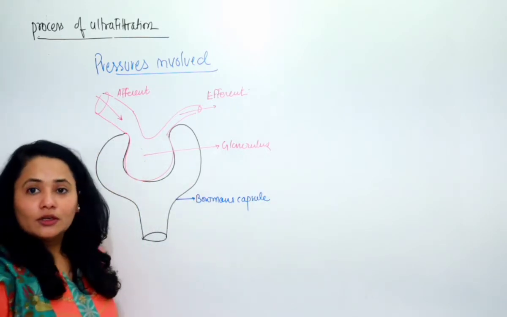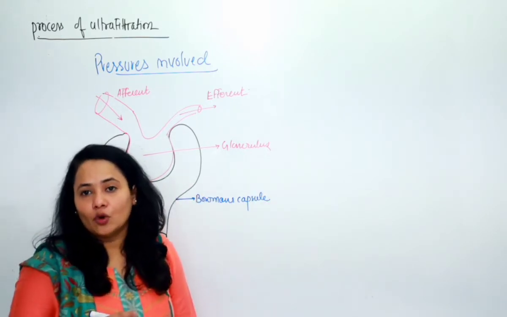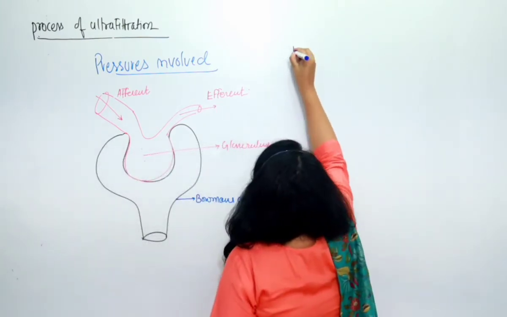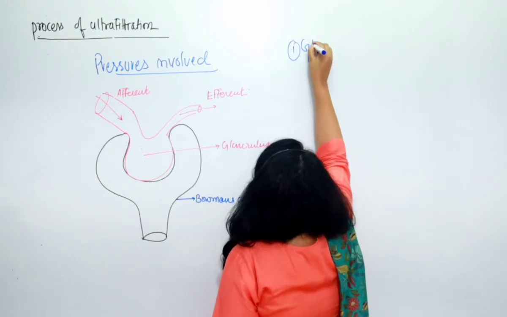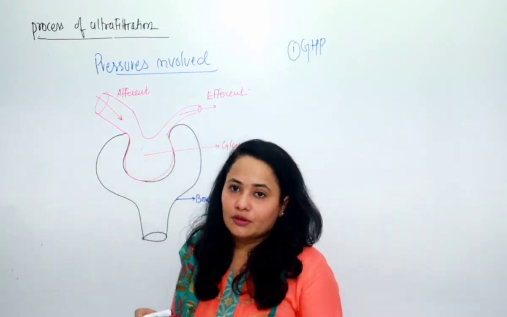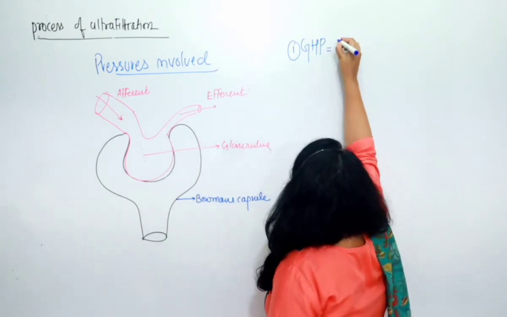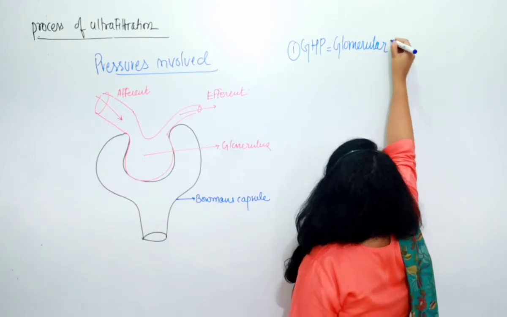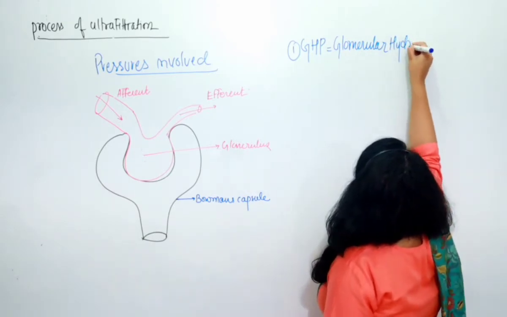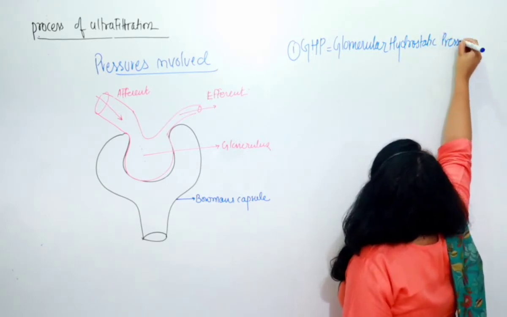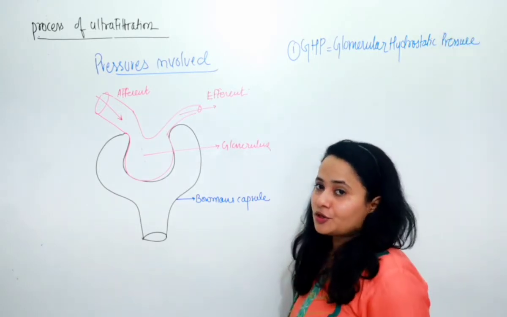Now overall, 3 different pressures are involved in the filtration process. So the first pressure is known as GHP. What do you mean by GHP? GHP, the full form is glomerular hydrostatic pressure.